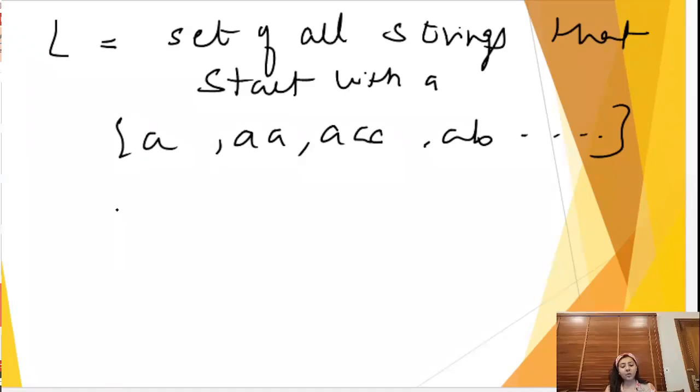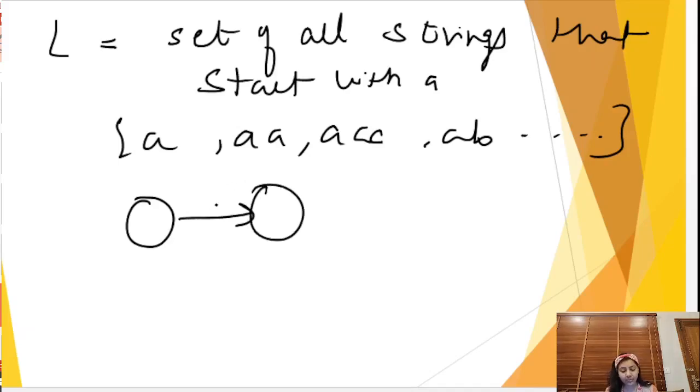So right now I'm drawing a finite automata for this language. Let's first understand how it will identify whether any string belongs to it or not, and then we will understand how this finite automata is drawn. Right now just understand how we will decide whether any string belongs to it, without going into the detail of how this is drawn. We'll come to that in the subsequent part.